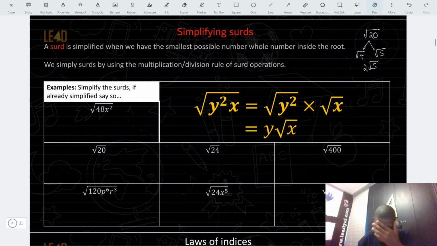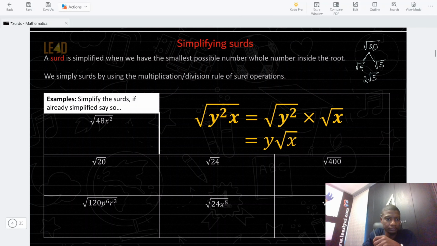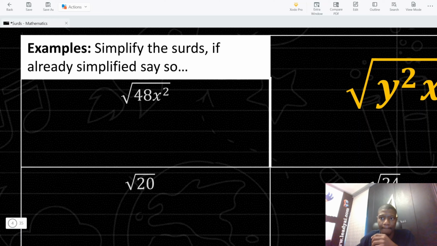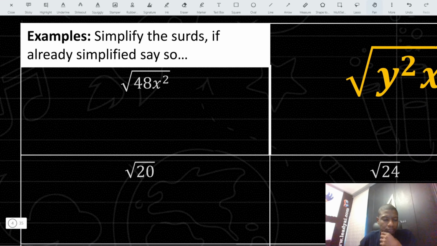So this takes a bit of practice. You have the job of breaking down your surd into factors that have relevant roots. So now say we have root 48x squared.